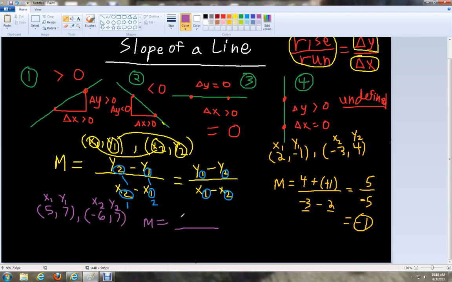So we have 7, y2, minus that 7, y1, over x2 is -6 minus x1 is 5. So that equals 7 minus 7 is 0 over -6 minus 5 is -11. And 0 divided by -11 is 0. So we have a 0 slope for this line, the 2 points.